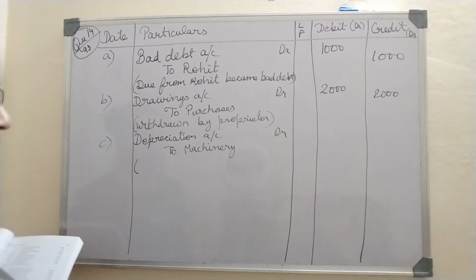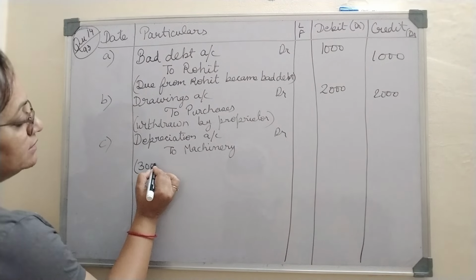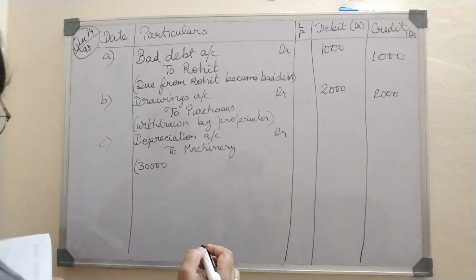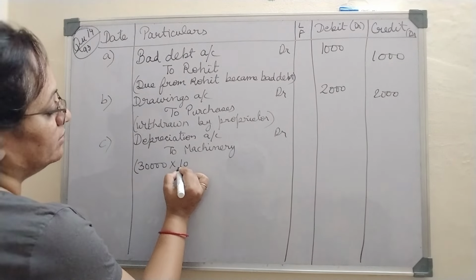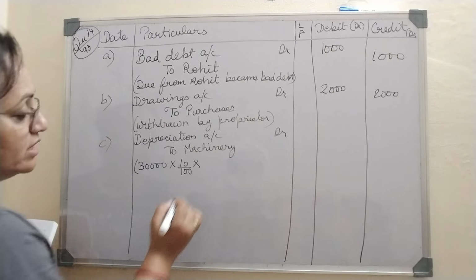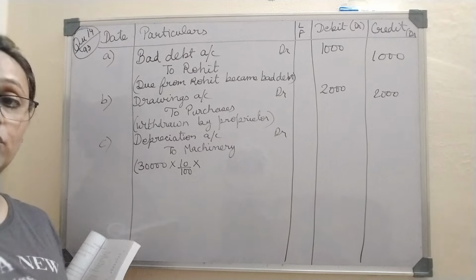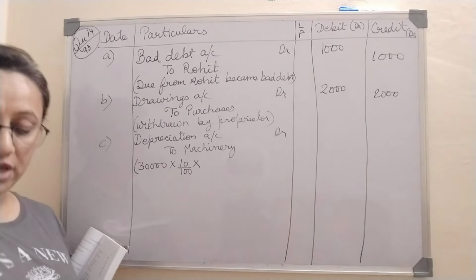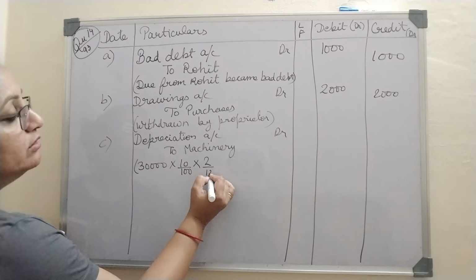Now how to calculate, you please see. You have to first of all calculate the 10% on 30,000. Now they have asked us to calculate only for 2 months. Please don't forget it. If you forget it, you will charge for the whole year. We have to charge only for 2 months. So what it will be? 2 upon 12.